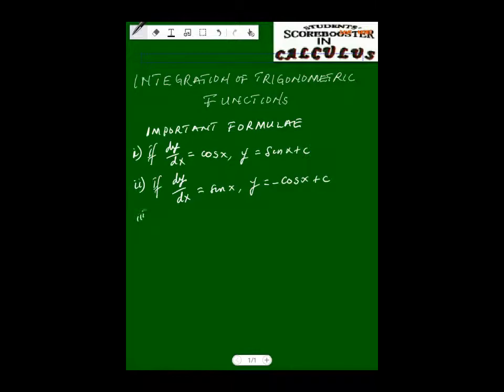Number 3, if dy/dx is equal to sec squared x, then y is equal to tan x plus c. And finally, if dy/dx is equal to 1 over x, then y is equal to ln x.